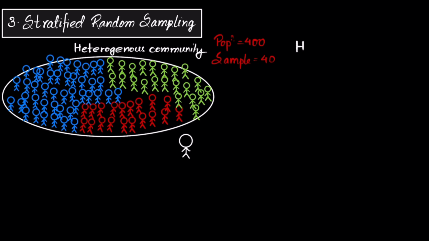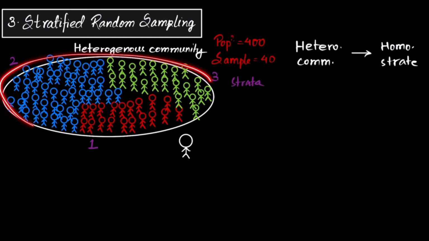So basically, the heterogeneous community is divided into homogeneous strata or subgroups. So we have altogether right here 1, 2, 3 strata or subgroups that are homogeneous. The community itself is heterogeneous, but the individual subgroups are homogeneous.